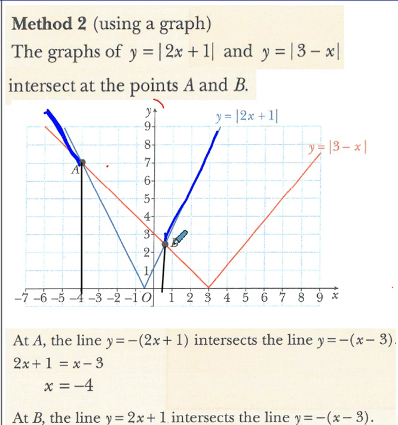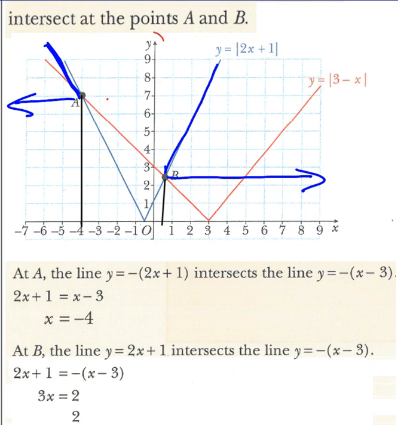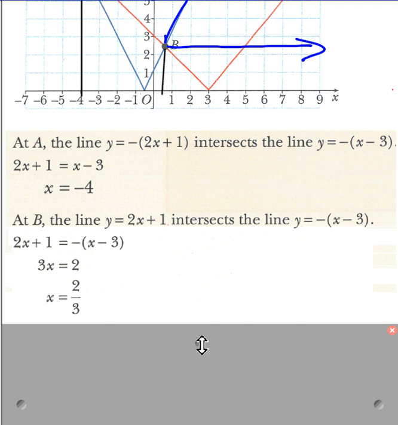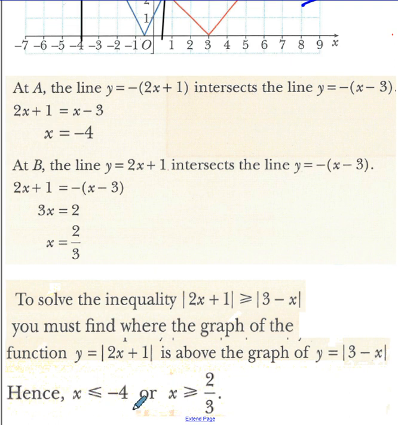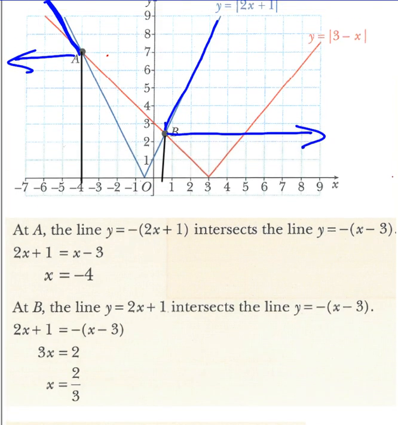So I can say the blue part above the red part is for these values of x and here for these values of x. So I can say x is less than minus 4 and x is greater than, what was the intersection point? 2 upon 3. So I can say here x is less than or equal to minus 4 or x is greater than or equal to 2 upon 3. And this is very obvious from the graph.